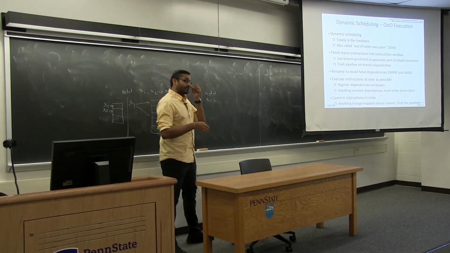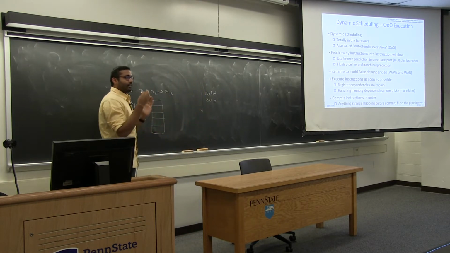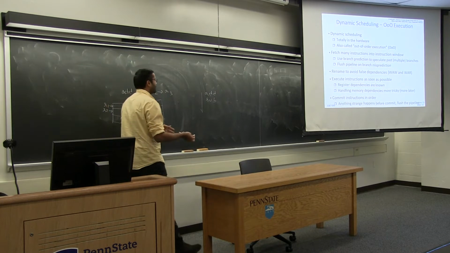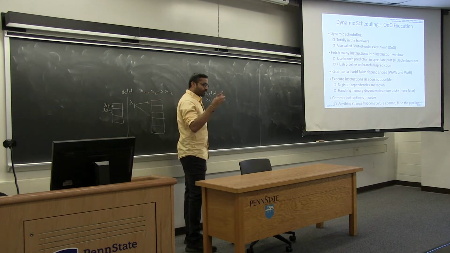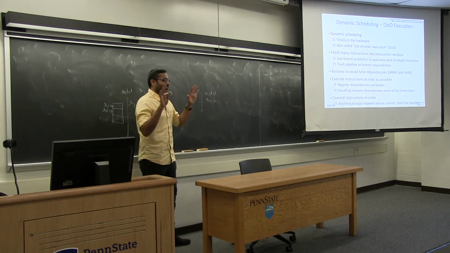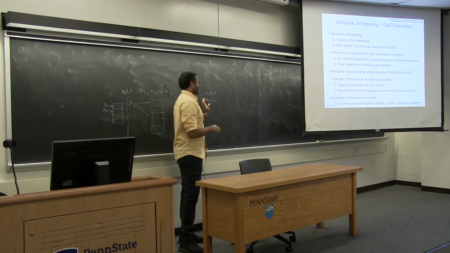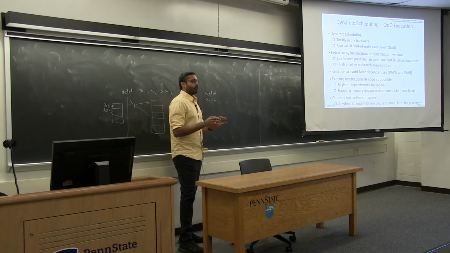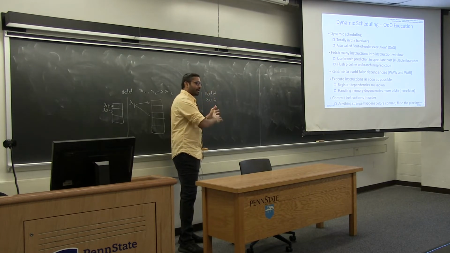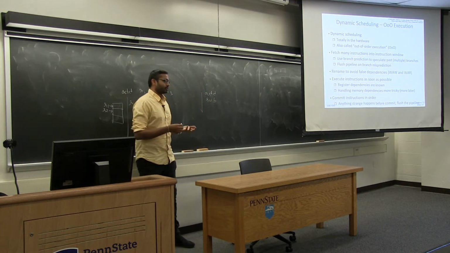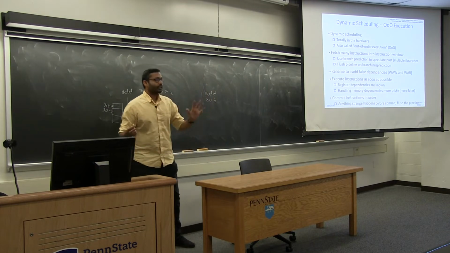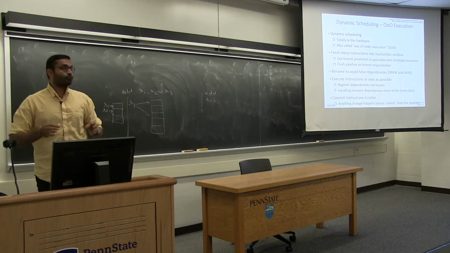So we still have to provide the illusion that things are executed in the correct order. But underneath the hood, without the programmer knowing, we execute these instructions out of order while respecting all dependencies, so that we guarantee functional correctness and at the same time get better performance. All of this out of order execution is transparent to the programmer. They have no idea this is happening.